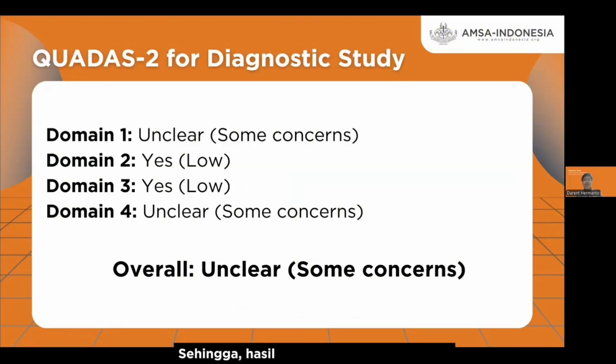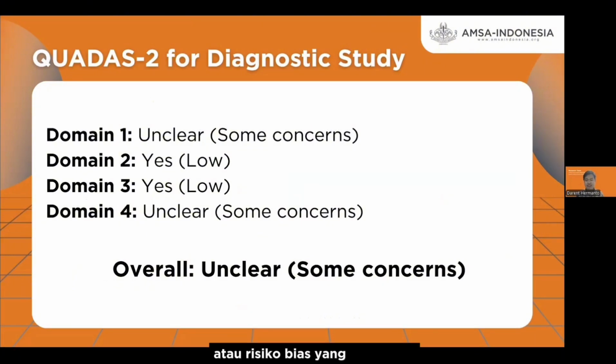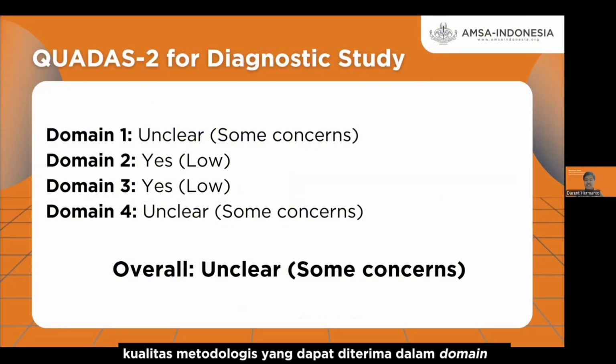So, the overall result of our QUADAS 2 assessment shows an overall rating of some concern or unclear risk of bias. The second domain and the third domain were rated as low risk, indicating acceptable methodological quality in these domains.